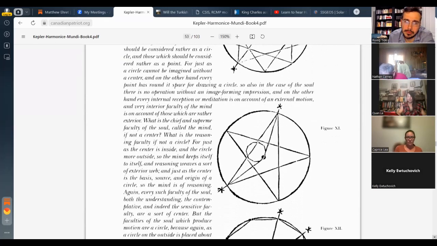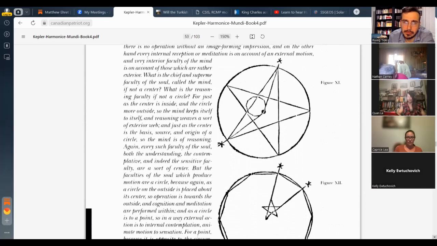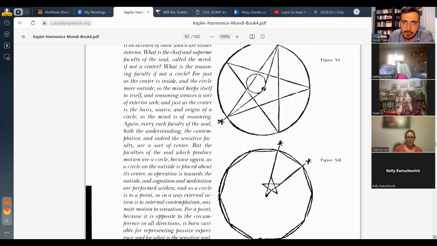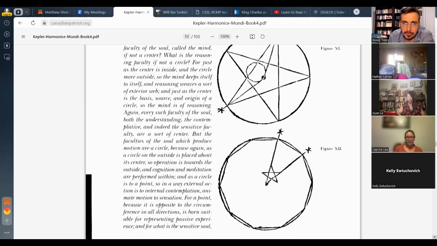What is the chief and supreme faculty of the soul, called the mind, if not a center? What is the reasoning faculty, if not a circle? For just as the center is inside and the circle more outside, so the mind keeps itself to itself, and reasoning weaves a sort of exterior web.